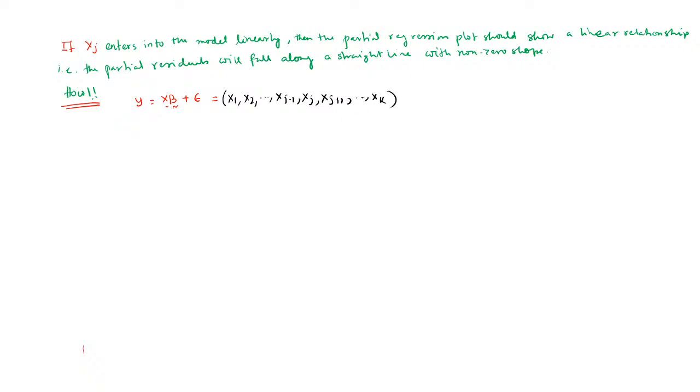Suppose I use k explanatory variables, and the parameters are beta 1, beta 2, ..., beta k, and epsilon.